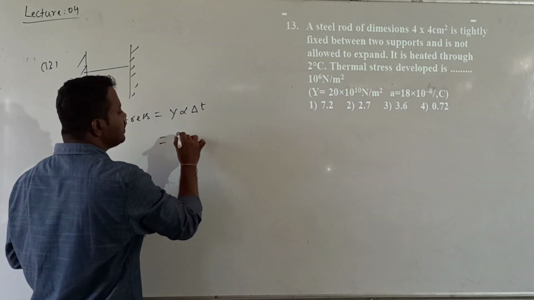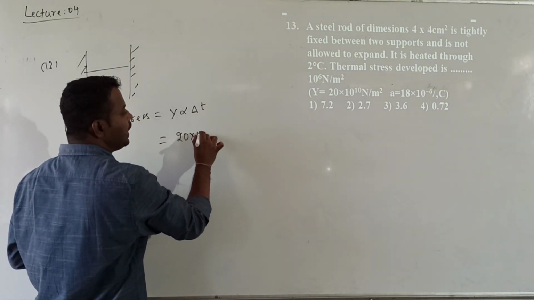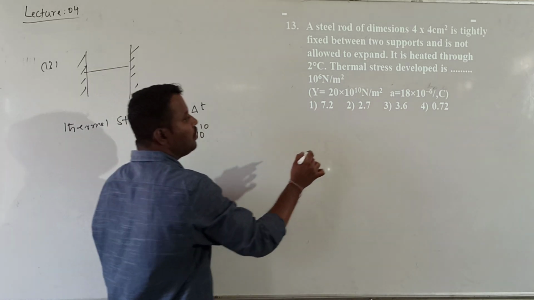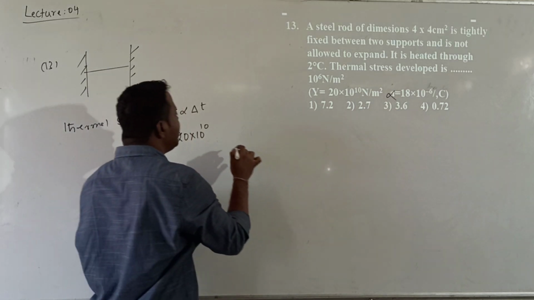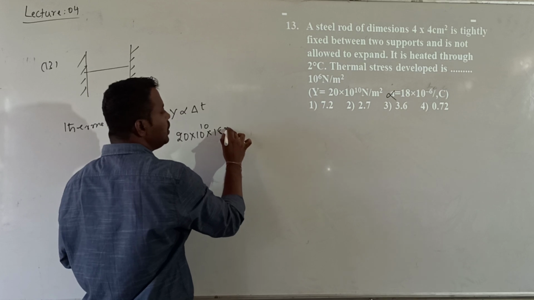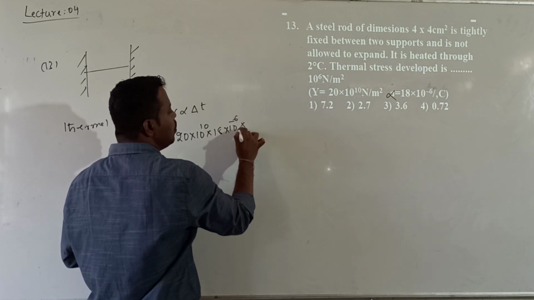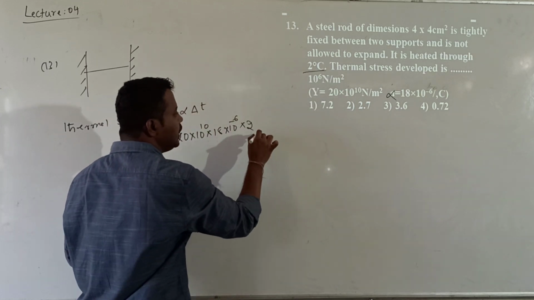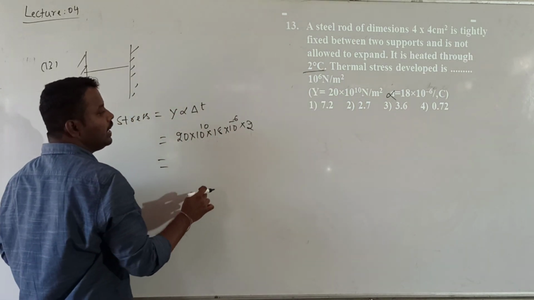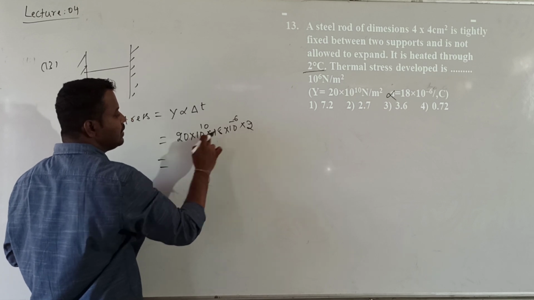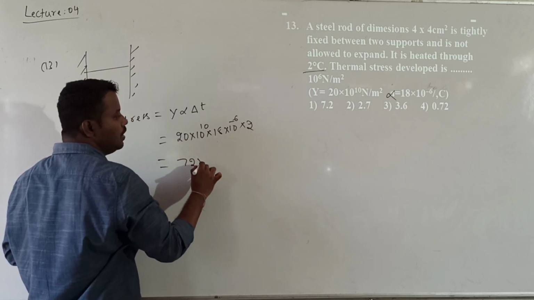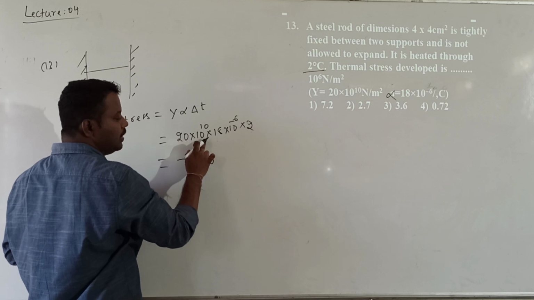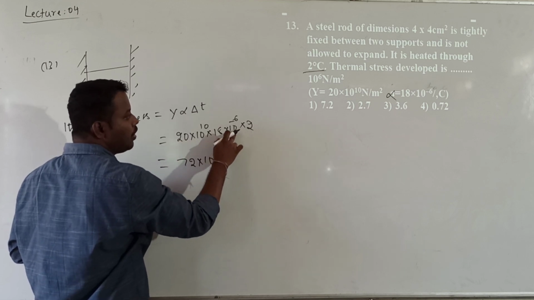Y value is given as 20 into 10 power 10. Alpha value is given as 18 into 10 power minus 6. What is the rise in temperature? Temperature rises by 2 degrees Celsius, into 2. So then what will I get? 18 2s are 36, 36 2s are 72. 72 into 10 power 11, 10 power of minus 6.